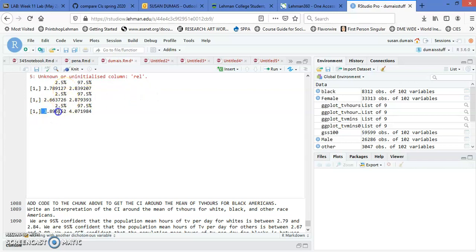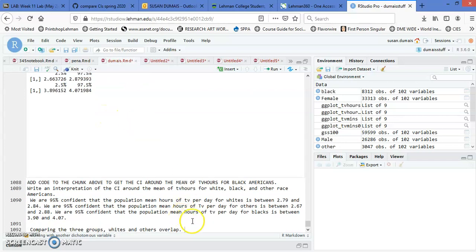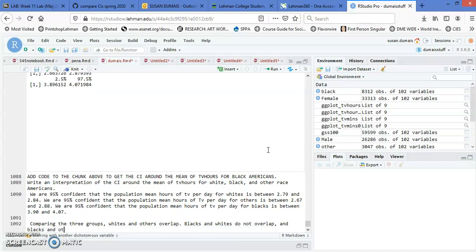But when you compare Blacks with each of those two groups, Blacks are different. They have a higher mean hours of TV. Blacks and whites do not overlap, and Blacks and others do not overlap.